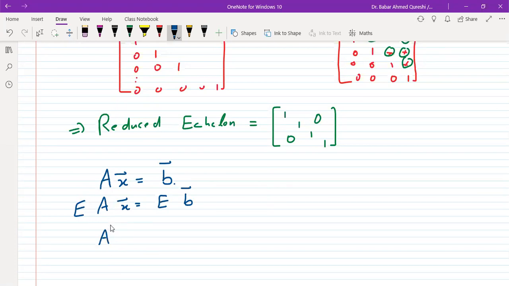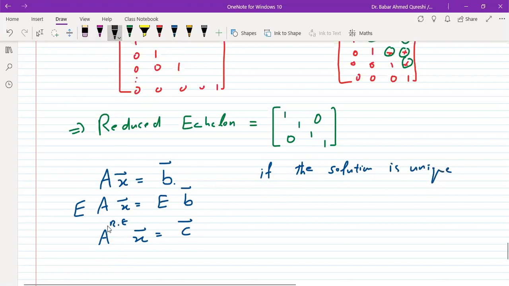This multiplication gives me the reduced echelon form. Now, if the solution is unique, then I know that this guy is identity. So what does that mean? This means that E times A is identity.